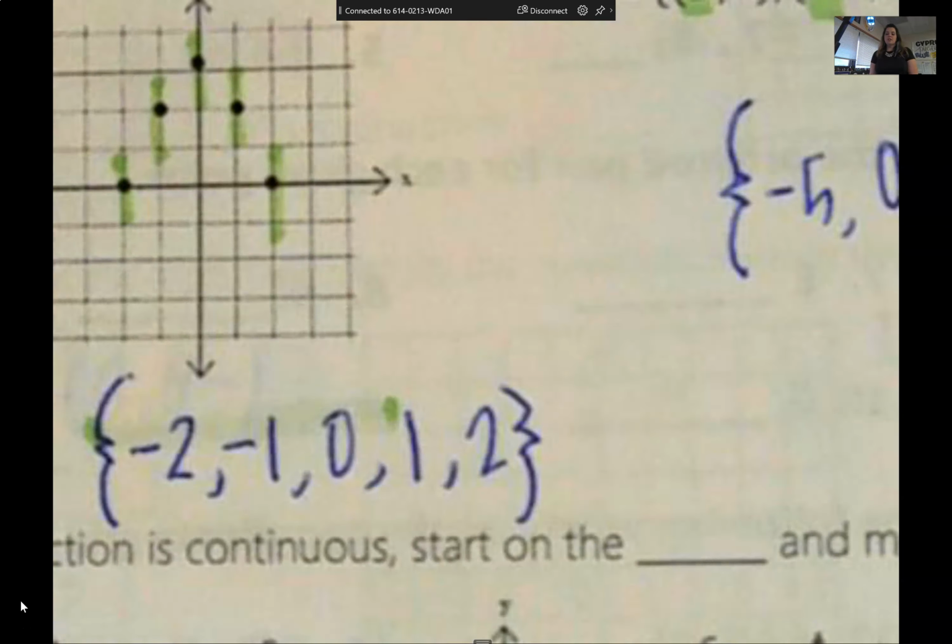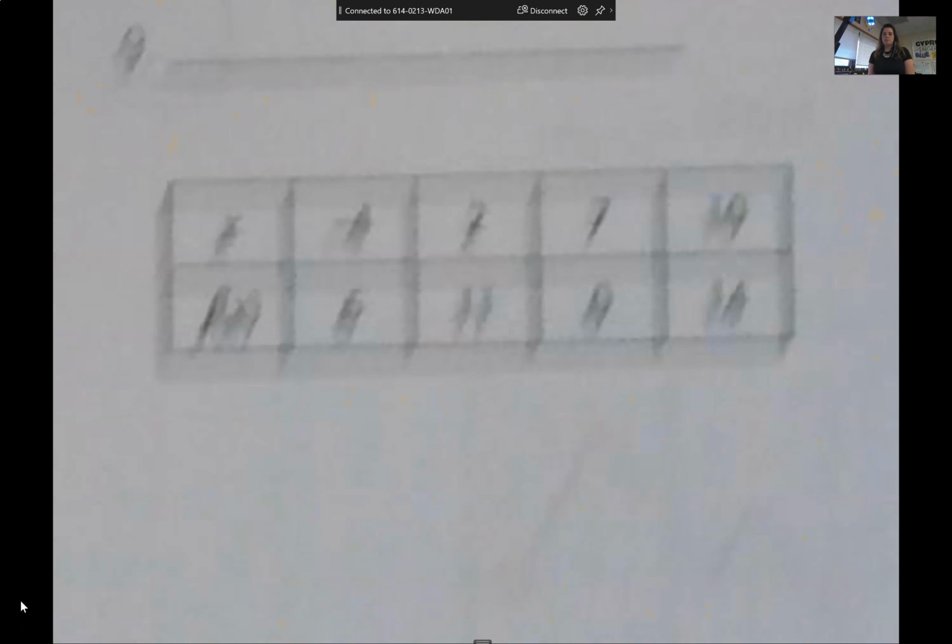So this time we're going to do a table. It's horizontal this time instead of vertical, but it works exactly the same.